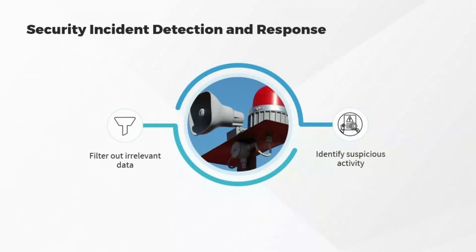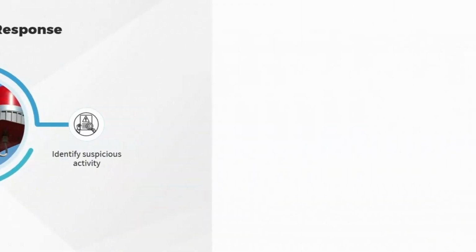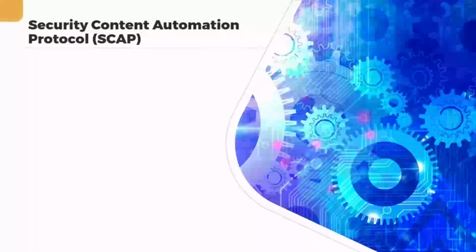So it does take some very fine tuning, but in the end it's all about identifying potentially suspicious activity. Now, in order for that to work, we have to have a baseline of what is normal. There are a number of different protocols and standards that apply to this, one of which is the Security Content Automation Protocol, otherwise called SCAP.